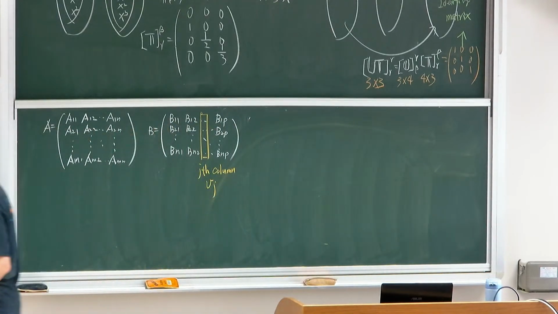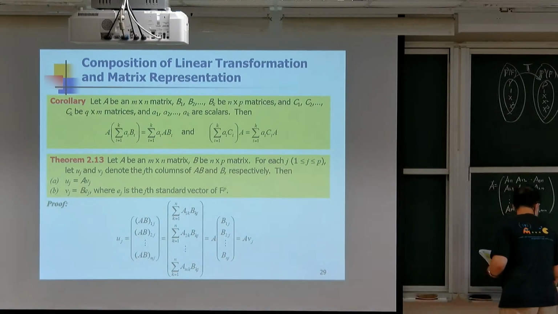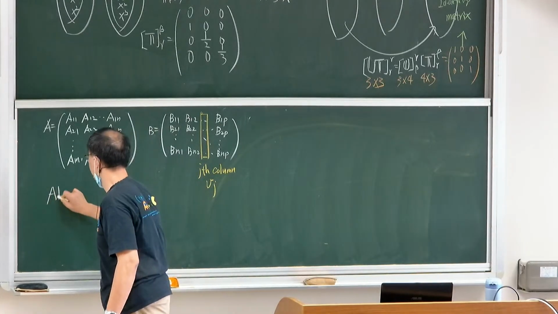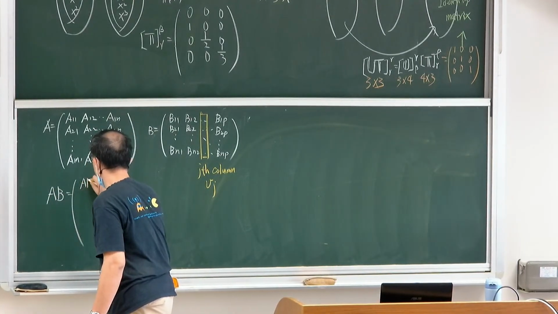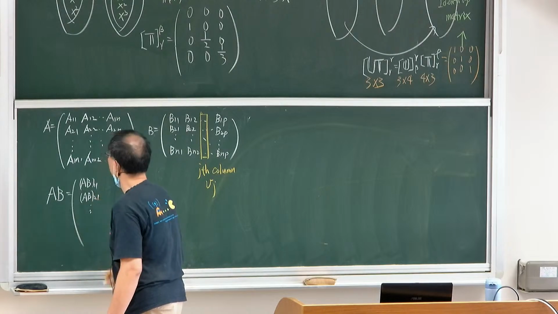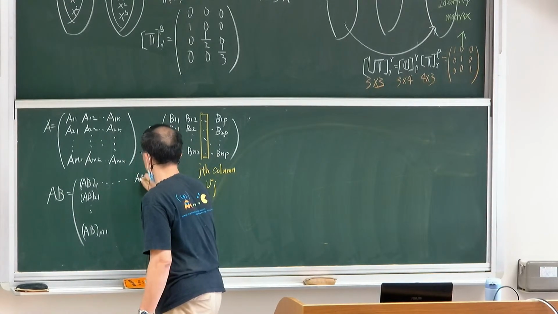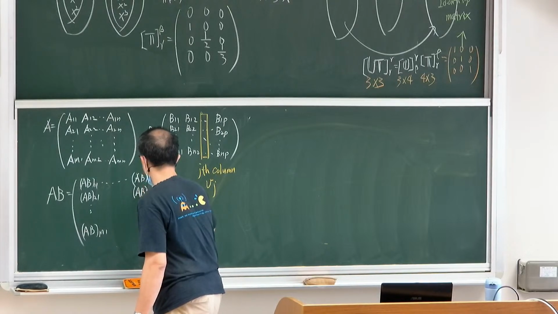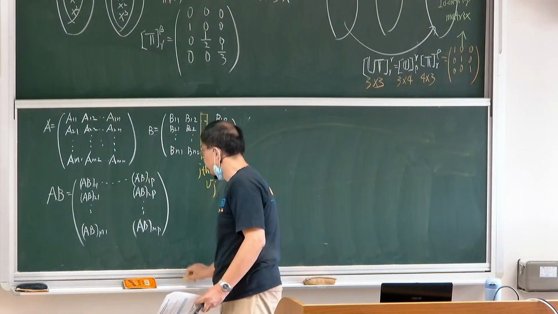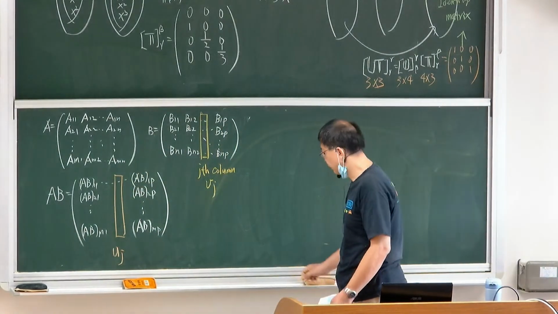Vj denotes the jth column of B, and then after we take the multiplication of A and B, we have AB11 and AB21 to ABm1, etc. to AB1p, AB2p to ABmp. And then the jth column becomes Uj.